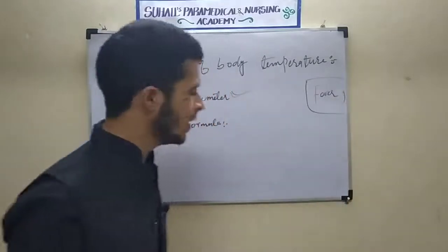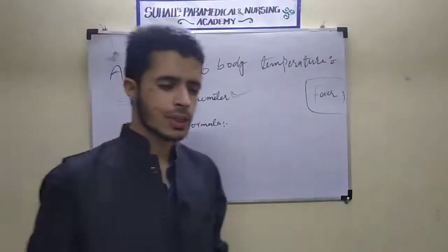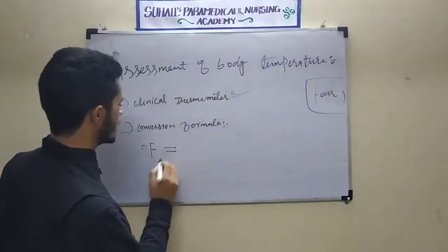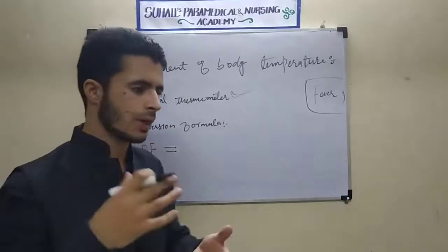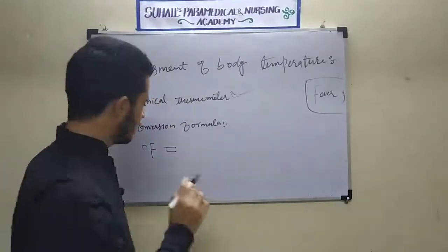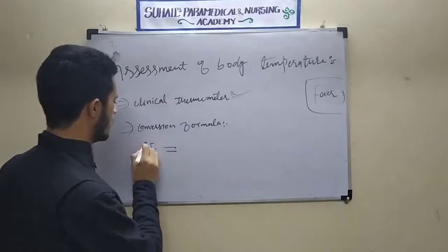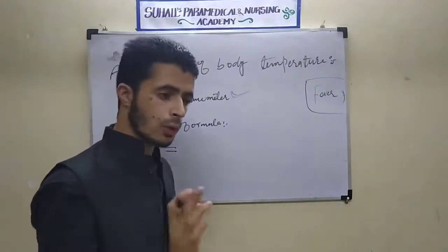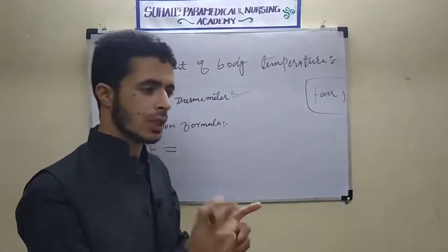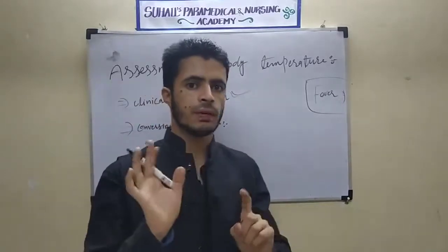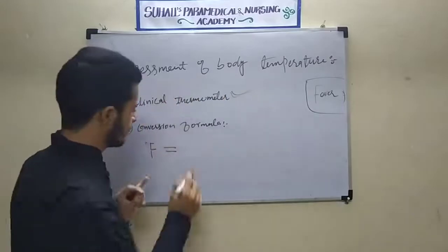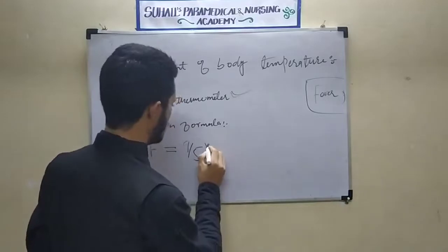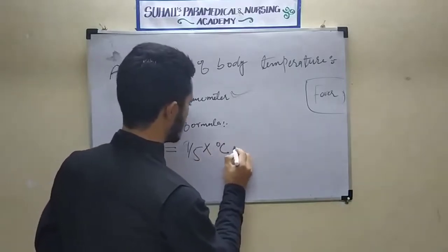In the conversion formula, we see how to convert degree Fahrenheit to degree Celsius, and degree Celsius to degree Fahrenheit. If degree Celsius is given and we have to find degree Fahrenheit: degree Fahrenheit is equal to 9 by 5 into degree Celsius plus 32.